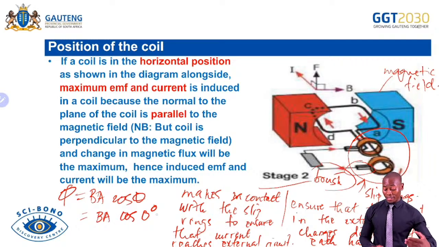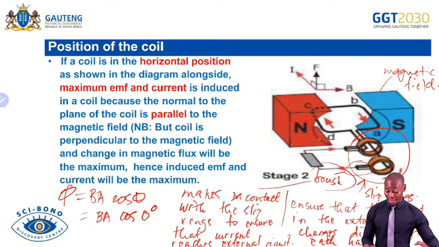So know that if the coil is in the horizontal position, maximum EMF is induced. Why is maximum EMF induced? When you explain, you need to talk about the normal to the plane. Remember, if we talk of the normal, we are talking about the line that is drawn perpendicular to the coil.